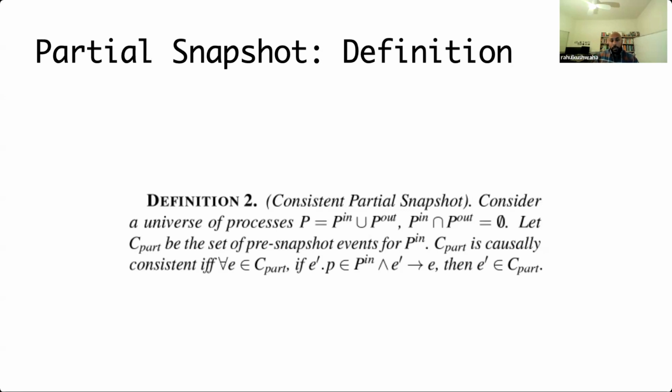And C_part is causally consistent. We go through the same definition again. That is, E' belongs to P_in. That means the message should be from the in process, and it should be closed under the causal relationship, that if E is part of the consistent set, then the E' which caused it should also be part of the snapshot.